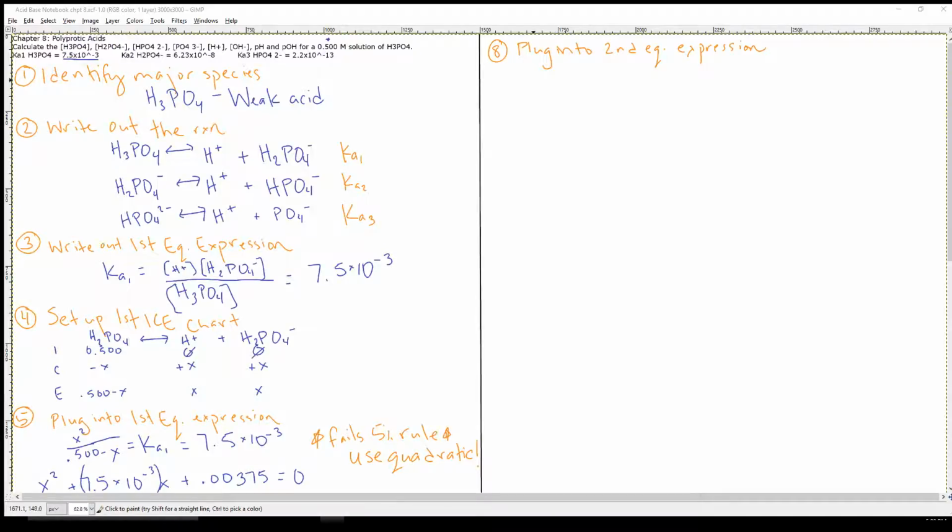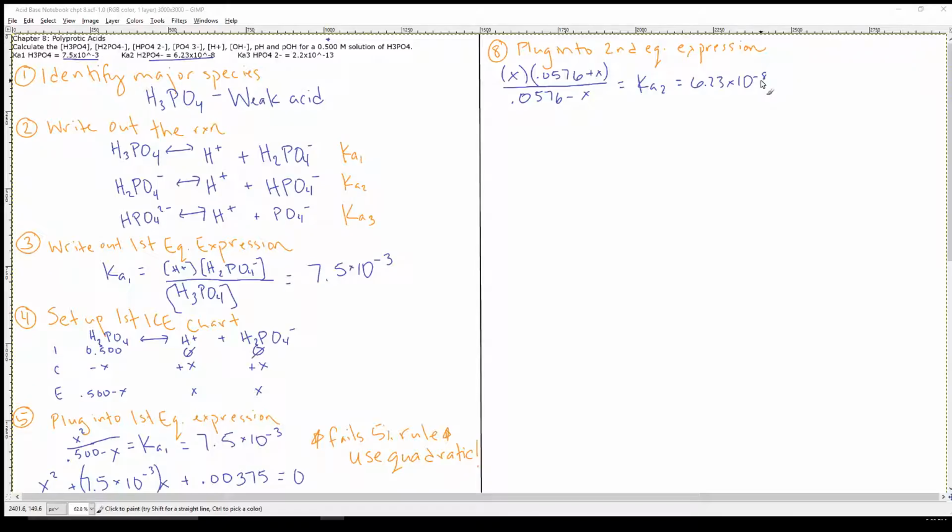So I have x times 0.0576 plus x over 0.0576 minus x is equal to my Ka2, which is given up at the top, 6.23 times 10 to the negative 8.